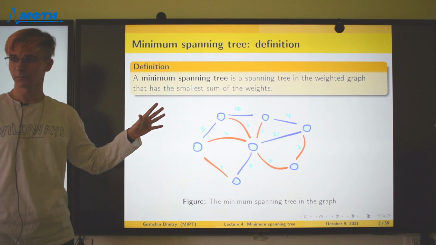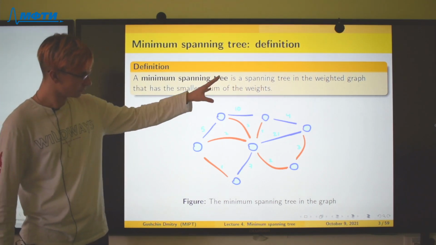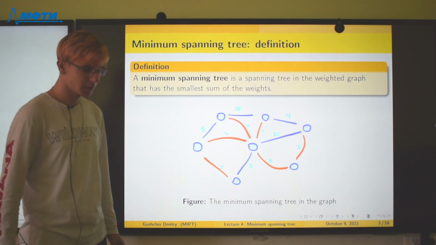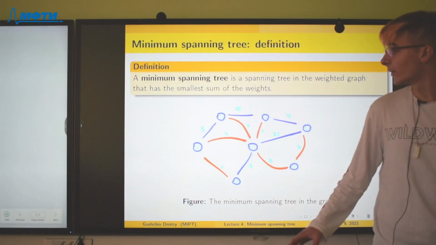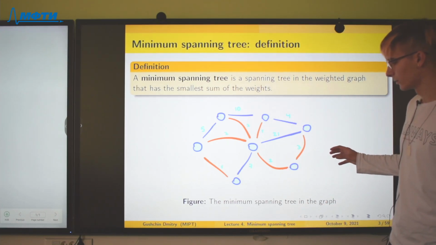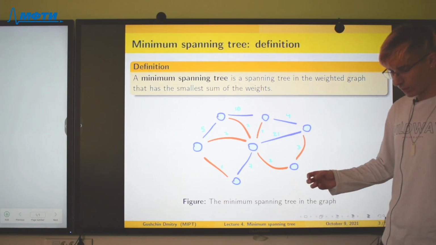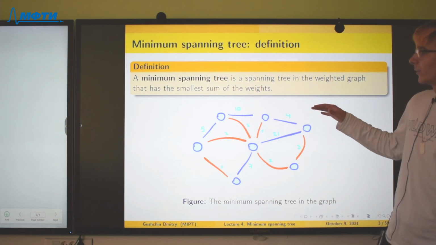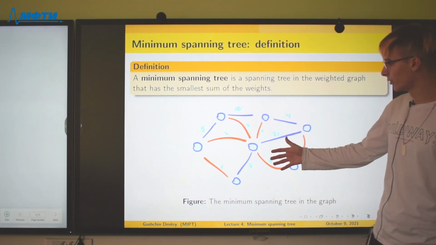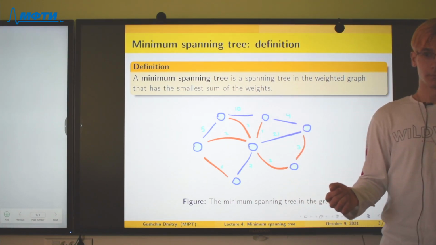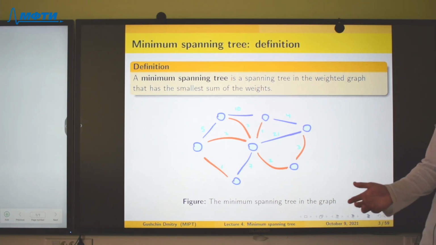So if we have a very dense graph, we of course have a lot of spanning trees, and the minimum spanning tree is one or several spanning trees that have the minimal sum of weights of edges in this tree. Okay? Understandable? Nice.